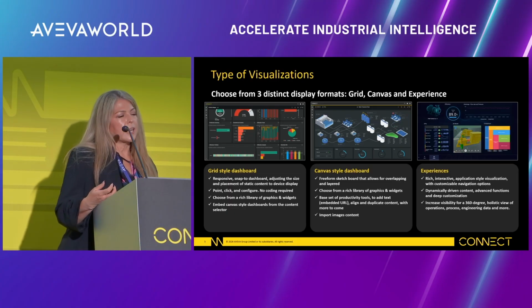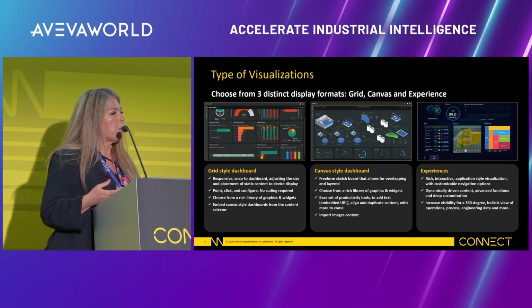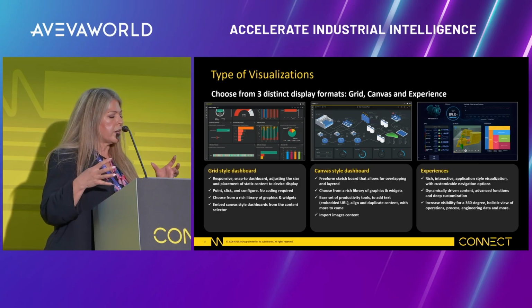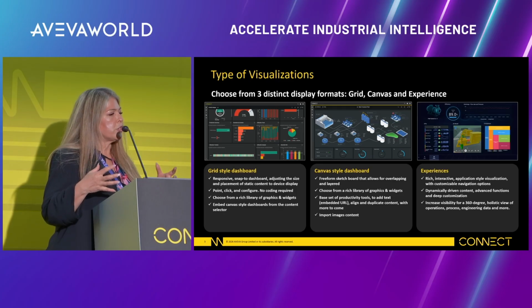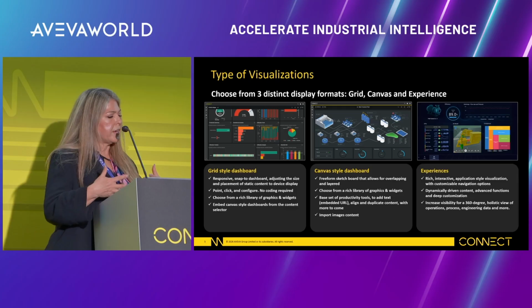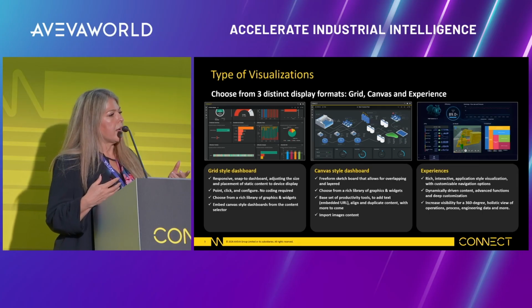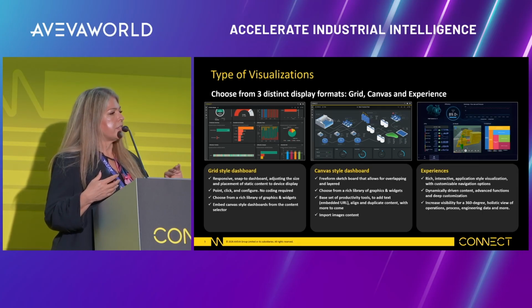The experience, like I said, is more of a contained environment where we have our navigation and the application built in. So what you can do is build out layers within the experience, and using your navigation, you can say, okay, for this button, I want to see this canvas dashboard. For this button, I want to see this grid dashboard.